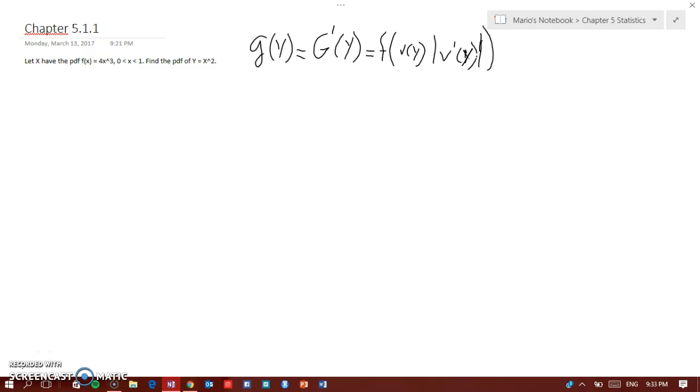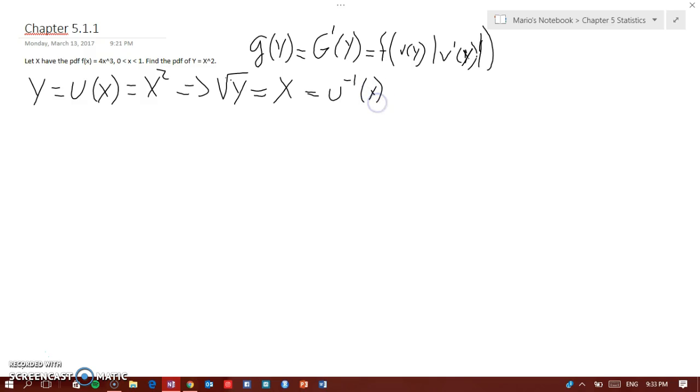Now let's define Y. We're going to say that Y is equal to u of x, which is equal to x squared. Now we need to find x. So if we take the square root on both sides, we get square root of y equals x, and that is basically what we call the inverse of a function.